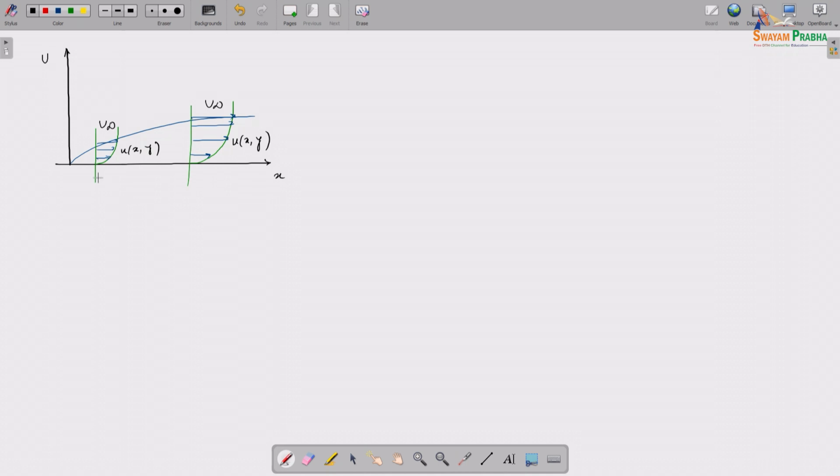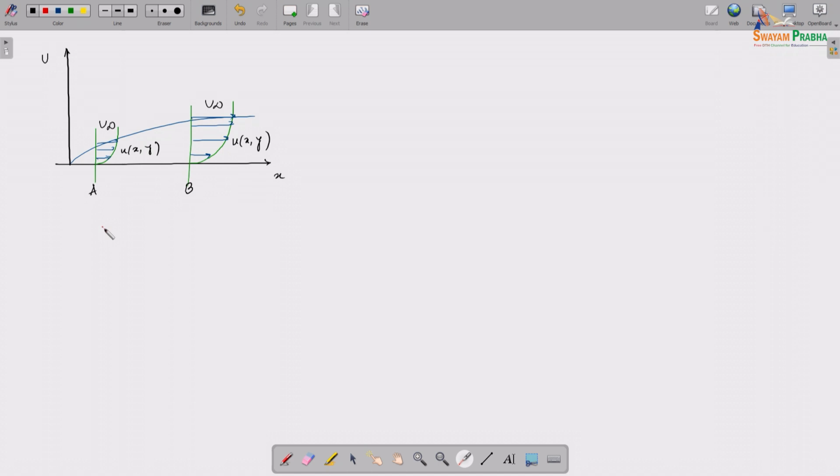So let's say this is A and this is B. The velocity profile at B is simply a scaled up version of the velocity profile at A, because this velocity profile is self-similar. We spoke about that.